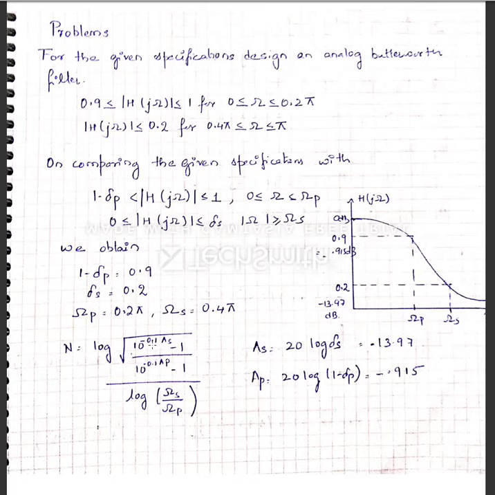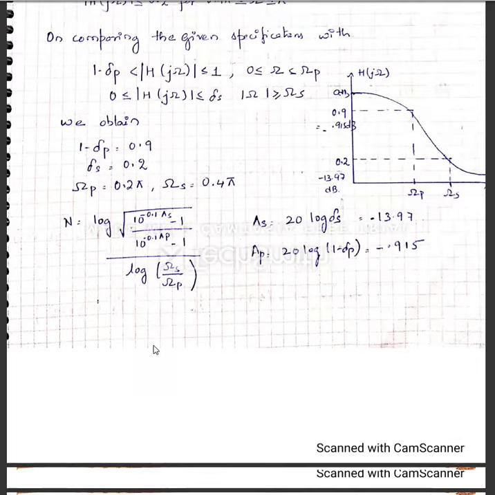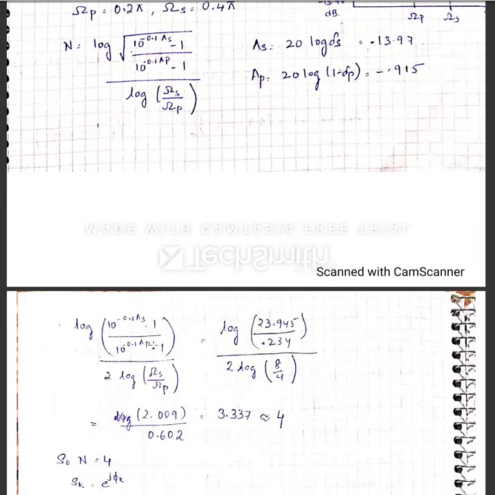Substitute the values of AP and AS in this, and omega S and omega P you already have. So 10 to the power, you have your minus here, minus that becomes plus here. Substitute the values and solve it further. I have written log of this by 2 log.